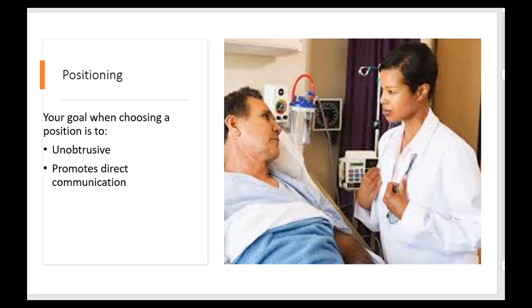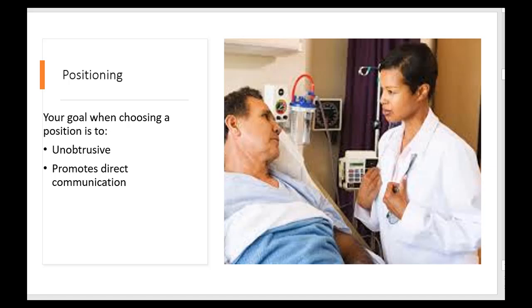But first, again, we need to understand why this rule exists, what the goal of the rule is, because as we will see in the next few slides, sometimes it needs to be broken. The reason we have a specific recommendation as to where an interpreter stands is because we are trying to support direct communication.